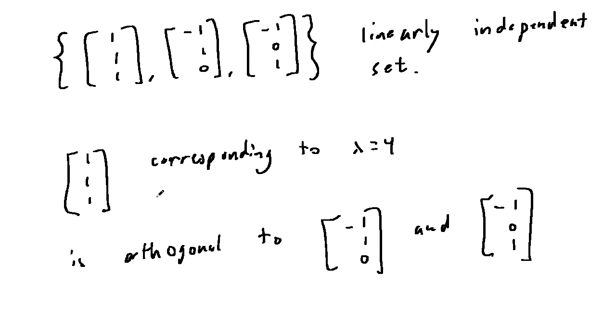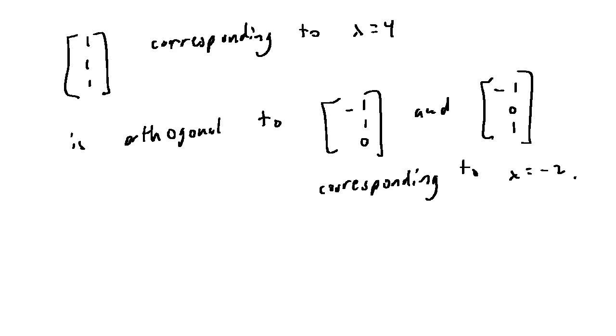Okay, so this eigenvector is orthogonal to the other two eigenvectors corresponding to lambda equals -2. Okay.